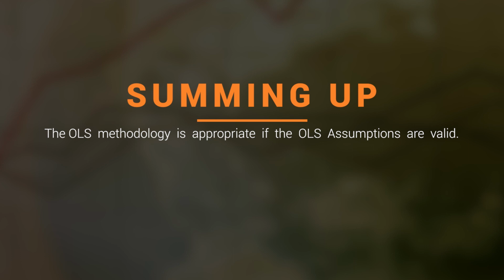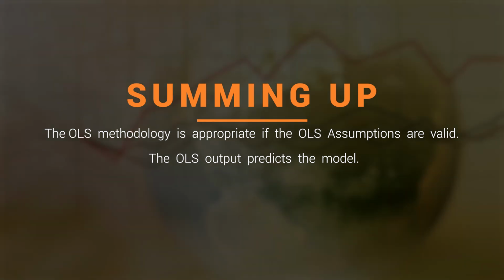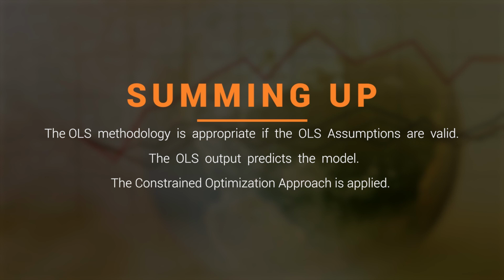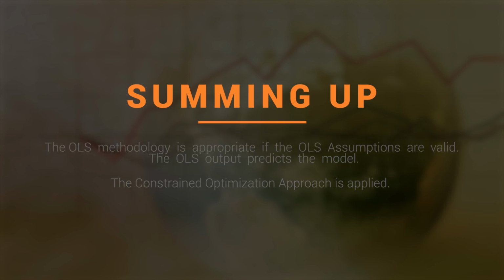That's very important. OLS output predicts the model. That is also very important, because the predictive model is actually our objective in any estimation problem. And finally, we go for the constraint optimization approach that is in tune with feasibility. And we observe that in this approach, we have x and y obtained in physical units, and that is how the constraint optimization is done.